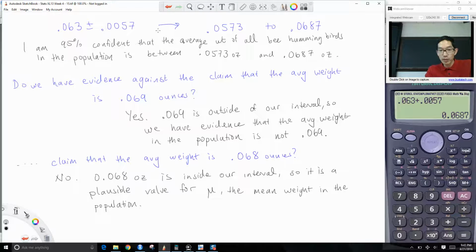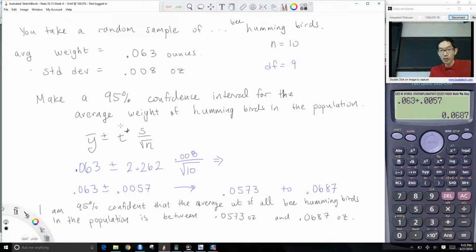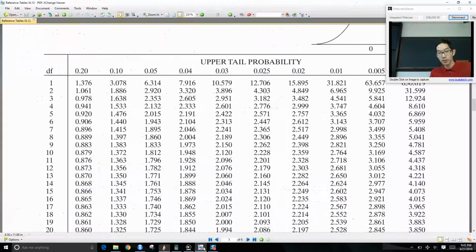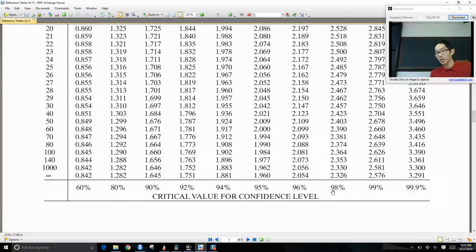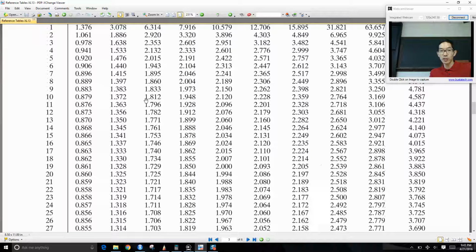But what we do have: if we flip back to the formula for the confidence interval, it depends on T star. If instead of a 95% confidence interval, I said make a 98% confidence interval, instead of 2.262, you would have used 2.821.